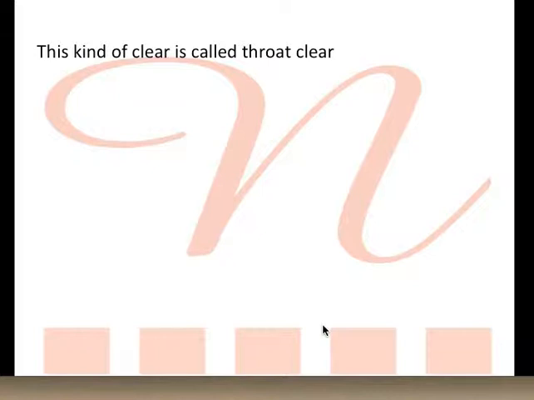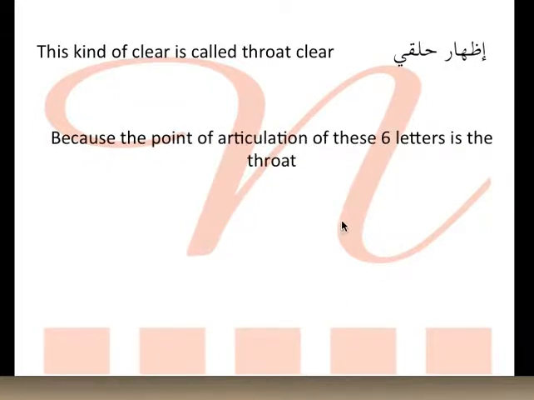Let's see. Now, before seeing the level of izhar, just reminding you, this kind of clear is called throat clear, which in Arabic is izhar halqi. Halqi comes from the halq, because the point of articulation of these 6 letters is the throat.